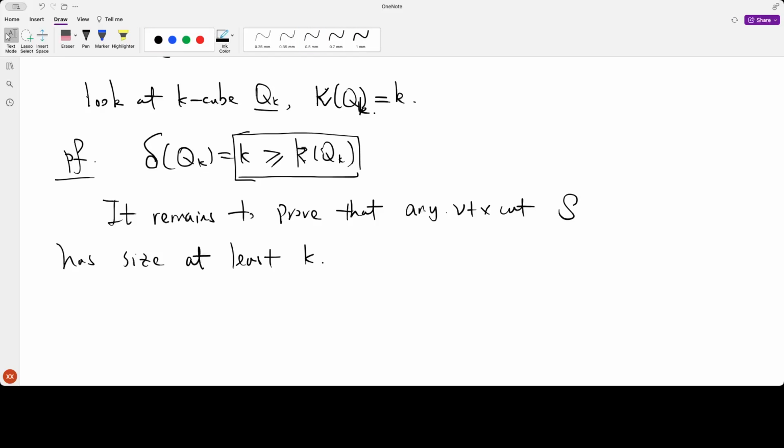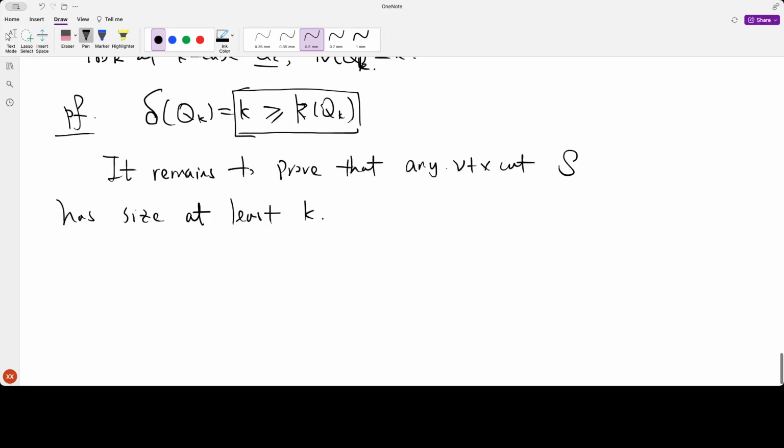So what happens is, like before, there is no vertex cut which has size smaller than k. Or every vertex cut has size at least k. So for this, the proof is non-trivial. We need to induct. We induct on Qk. The base case is easy to check.